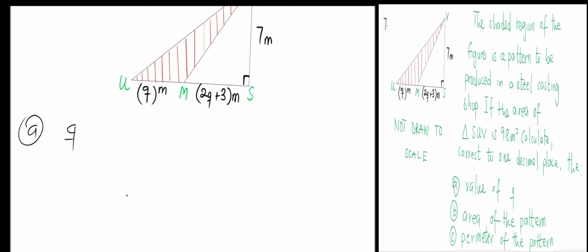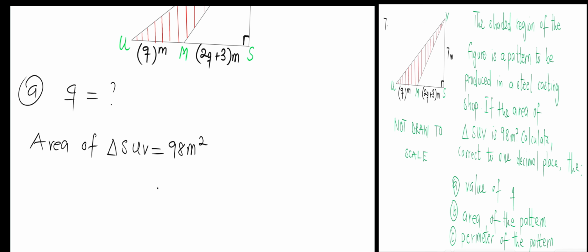So we don't know the value of Q, so we can bring a question mark. But we have been given the area of triangle SUV, which is 98 square meters.